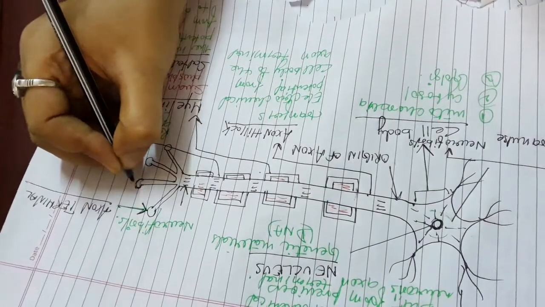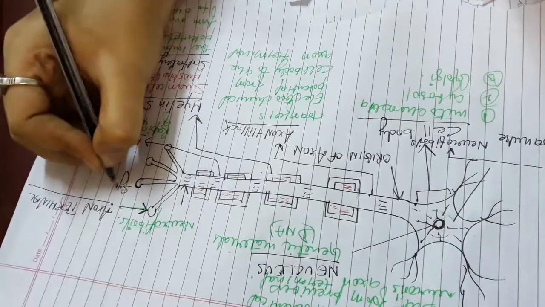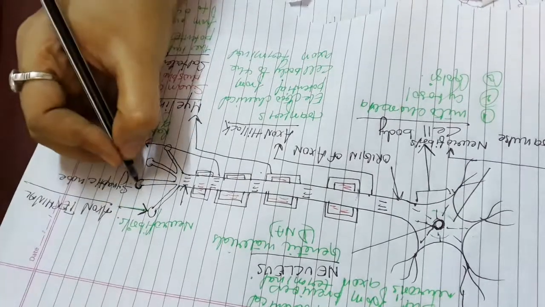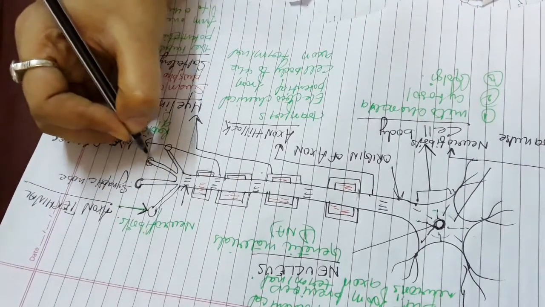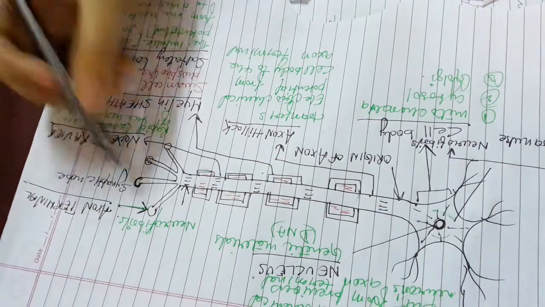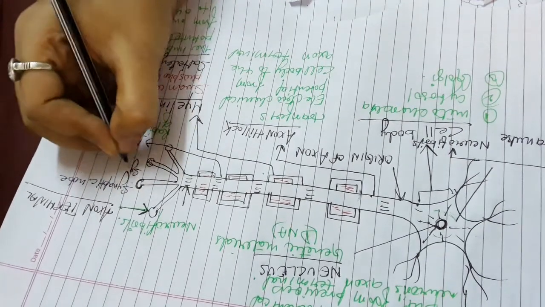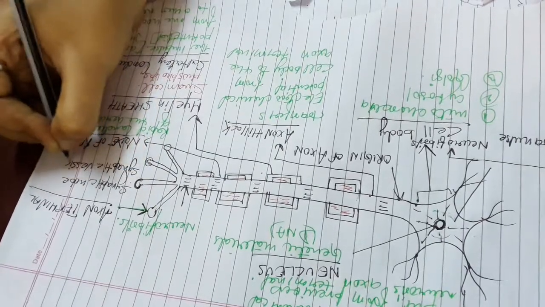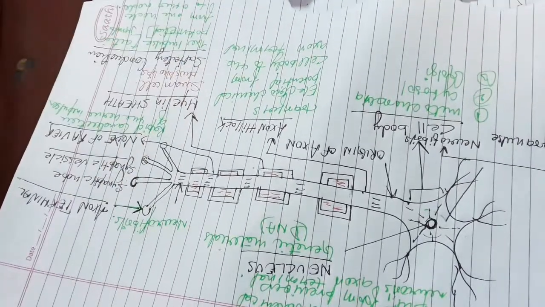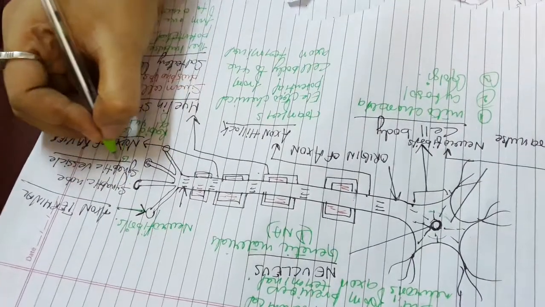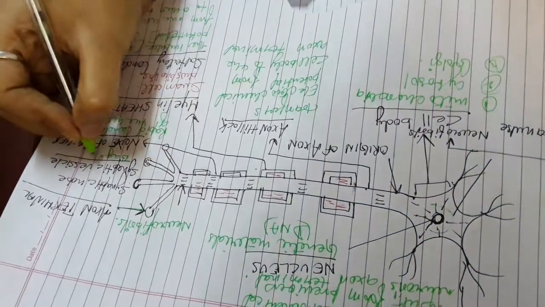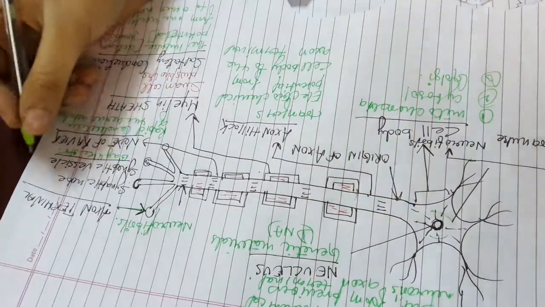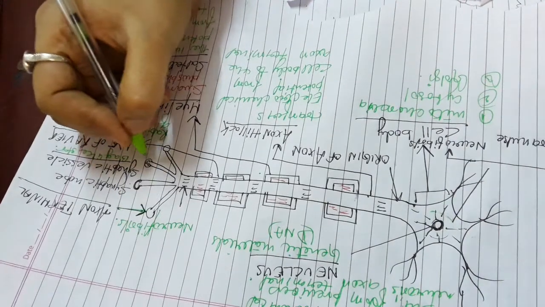This knob-like structure is called the synaptic knob, and in this knob, the small bag-like structure is called synaptic vesicles. It is a bag-like structure which contains neurotransmitter.